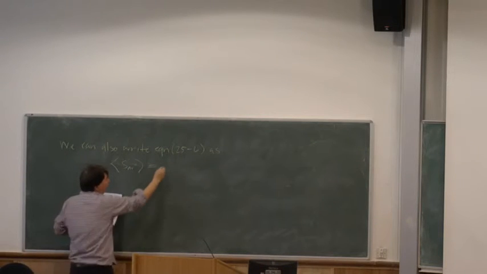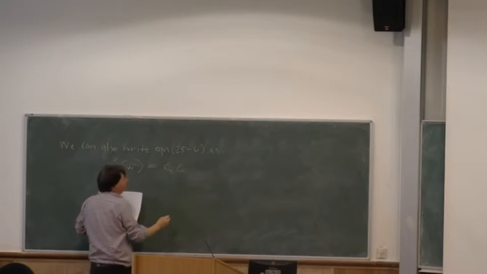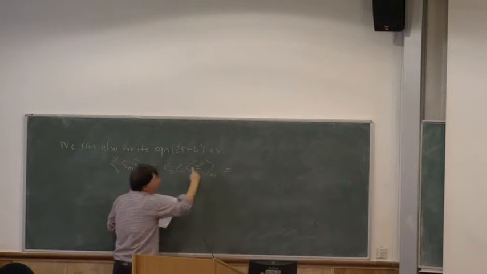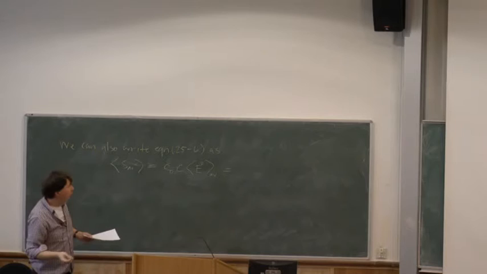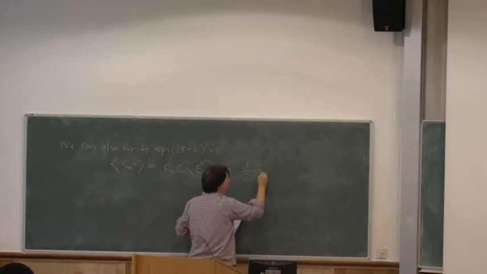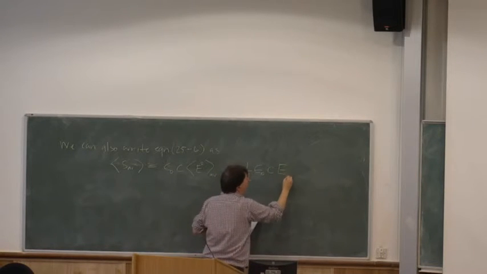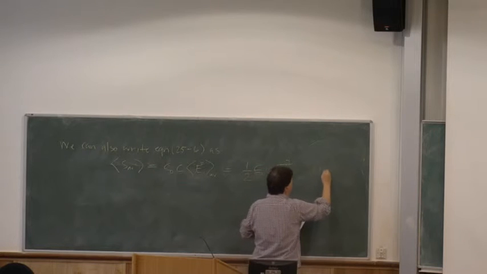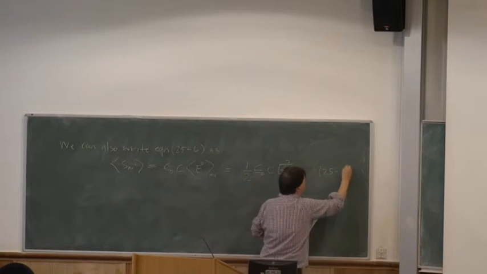Well, we know it's epsilon naught C times the average of E squared, and we know the average of that is a half E naught squared, so you'll often see it written as a half epsilon naught C E naught squared. So let's make this 25(7).